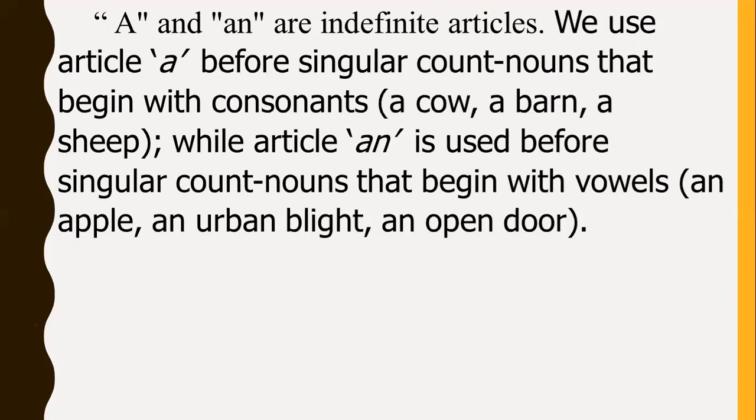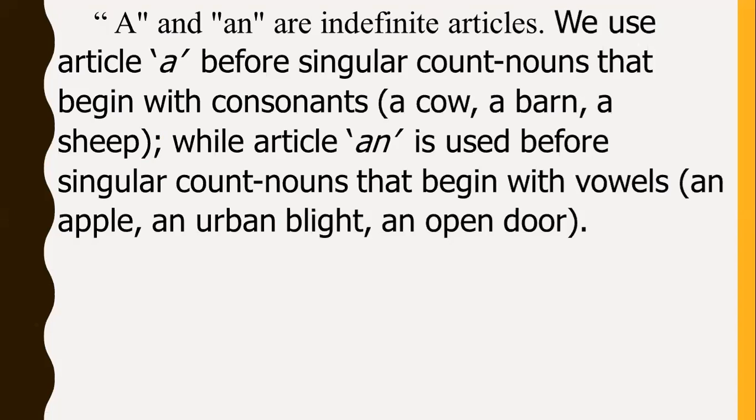We use article a before singular count nouns that begin with consonant sounds. Now we have 2 types of articles: definite and indefinite articles. For the indefinite articles, there are 2, article a and article an.